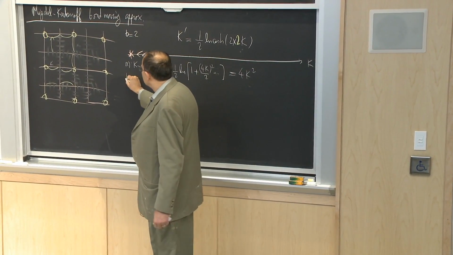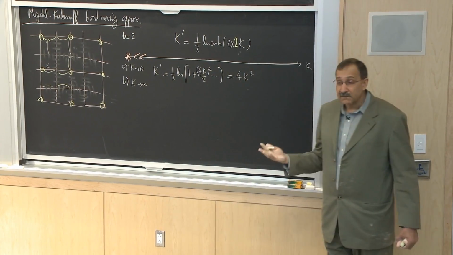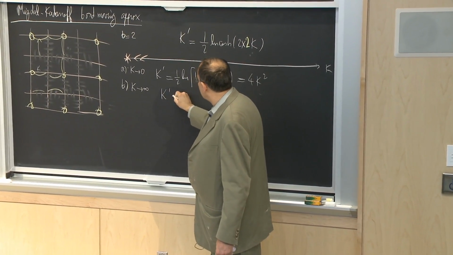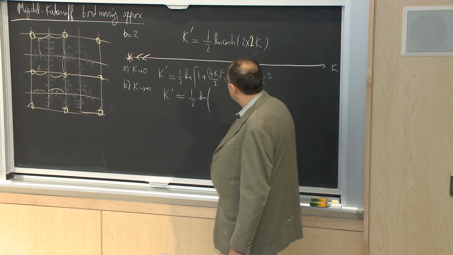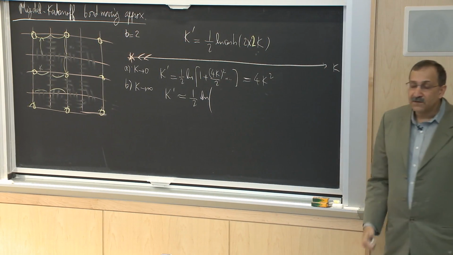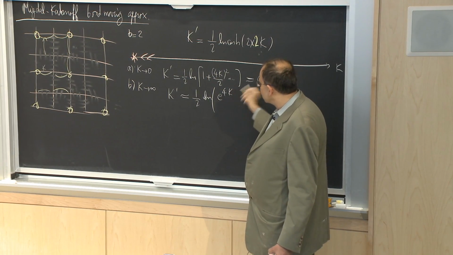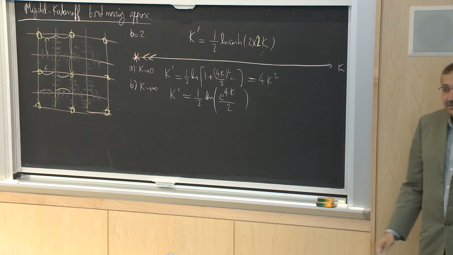If you have a strong enough coupling, however, are we different from what we did for the one-dimensional case? Well, the answer is that in this case, k prime is 1/2 log hyperbolic cosine of 4k, which starts as e to the 4k plus e to the minus 4k divided by 2. e to the minus 4k I can ignore.